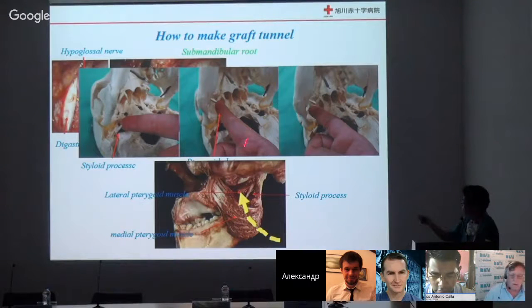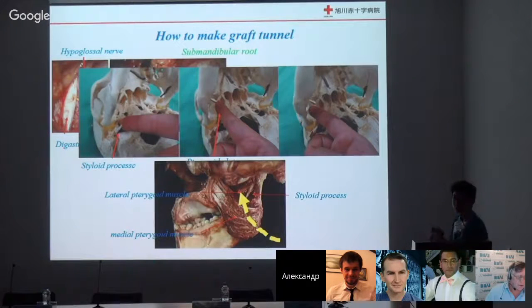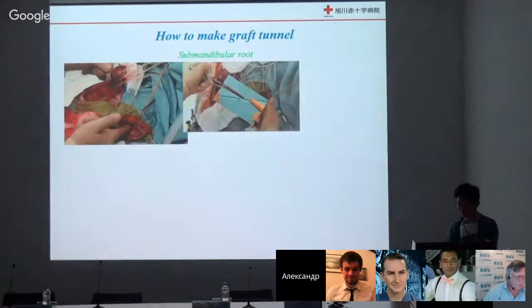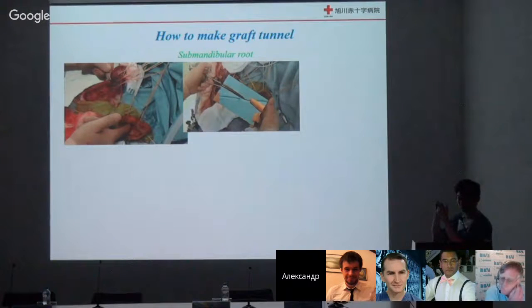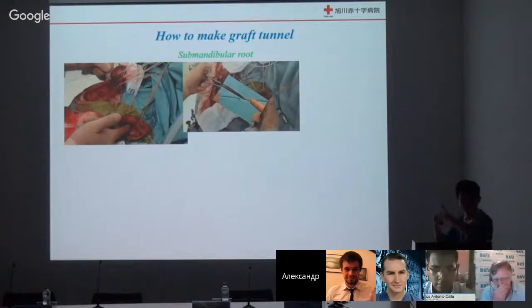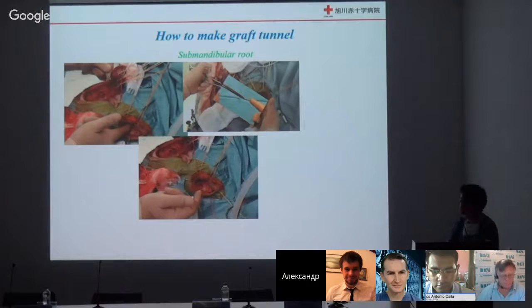From the cranial side, the Kelly clamp comes from here, so we can touch the tip of the Kelly clamp from the cervical side. Then using a finger as a guide, push the Kelly clamp to the cervical side, like this.